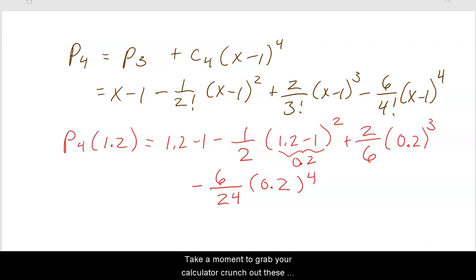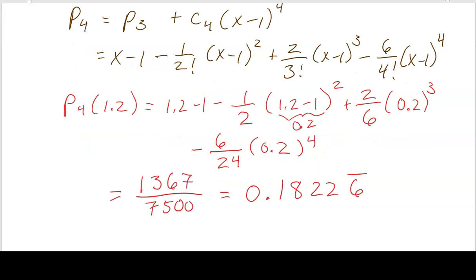Take a moment to grab your calculator, crunch out these numbers, and see what you get for your approximation. When I was done with the calculations, I got the fraction 1,367 divided by 7,500. This equals the repeating decimal 0.18226 repeating.